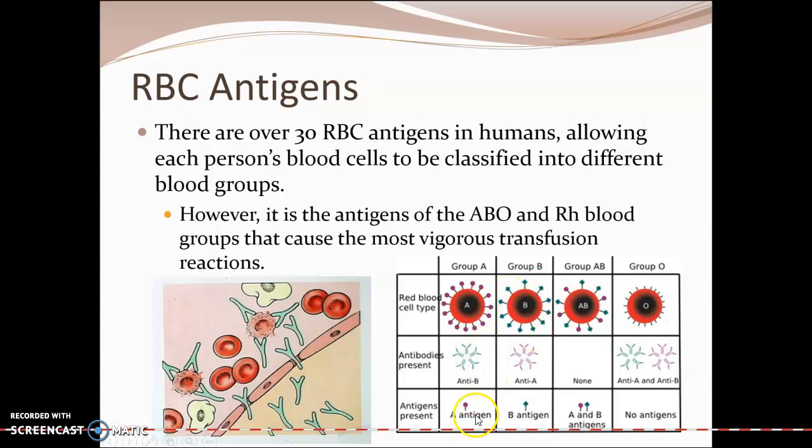So that's why there's a problem if you give somebody who has type A blood type B blood, because type B blood has B antigens on it, and if it gets into a body that has type A blood, now it's going to interact with these anti-B antibodies, and antibodies are designed to kill and destroy foreign substances. So if this foreign substance is in your body and anti-B antibodies are there, it's going to destroy that cell and create that clotting that we talked about in the last slide.